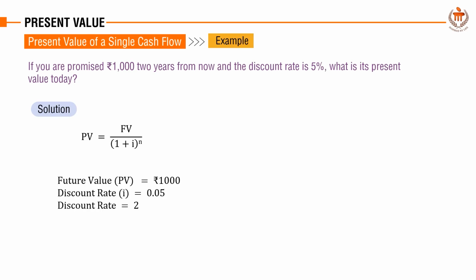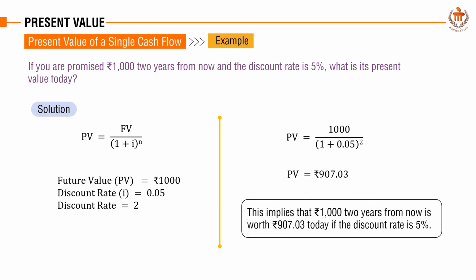Putting these values in the formula, we get present value is rupees 907.03. This implies that 1,000 rupees 2 years from now is worth 907.03 today if the discount rate is 5%. The present value of a single cash flow tells you its equivalent worth today, accounting for time and the opportunity cost of capital.